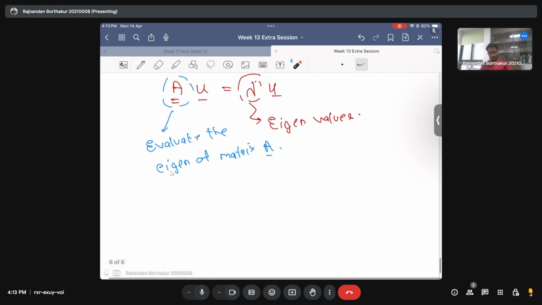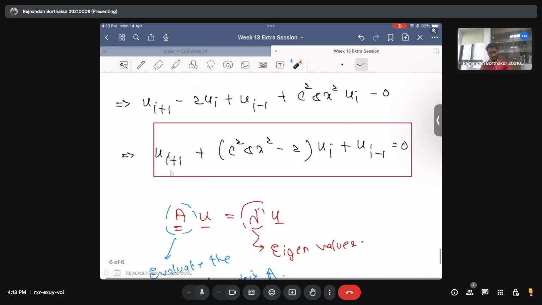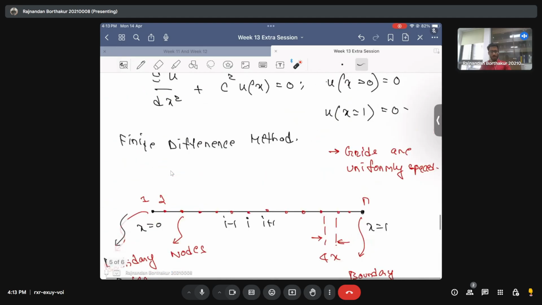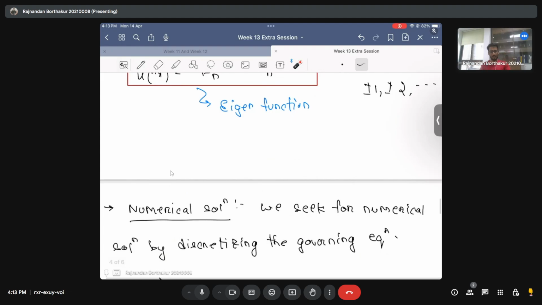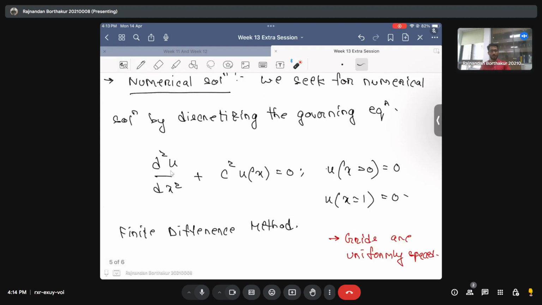Okay, so that's typically how you do it. I just gave you a brief idea, by taking a very simple example, of how to solve an eigenvalue problem analytically and numerically. I'll not go into much detail, because this is not a numerical methods course.